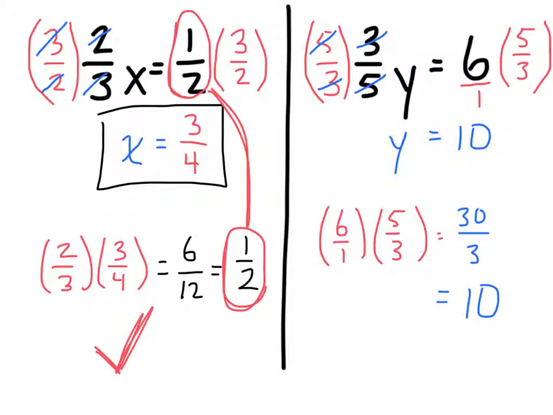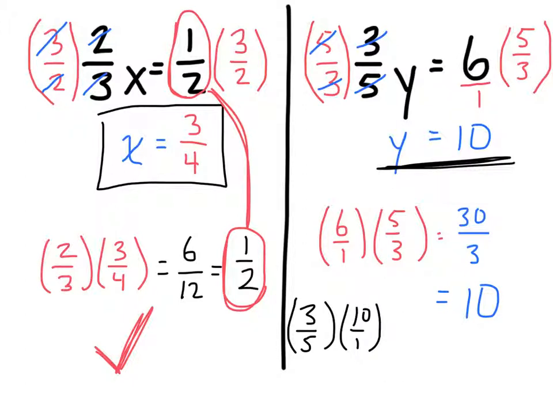And again, if you want to double check it, all you would have to do is plug in this number 10 into where the y is. So if you want to write it as 3/5 times 10 over 1, 3 times 10 multiplied in the numerator is equal to 30. 5 times 1 multiplied in the denominator is 5.